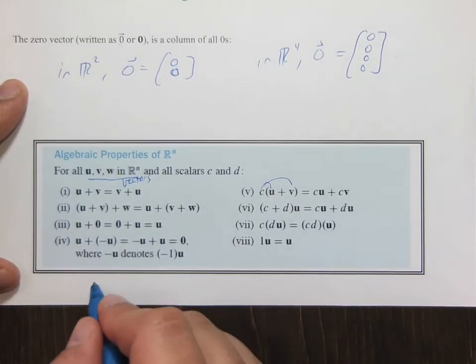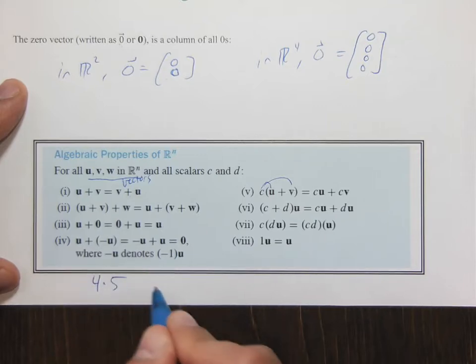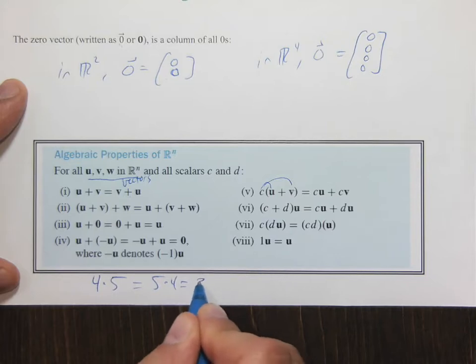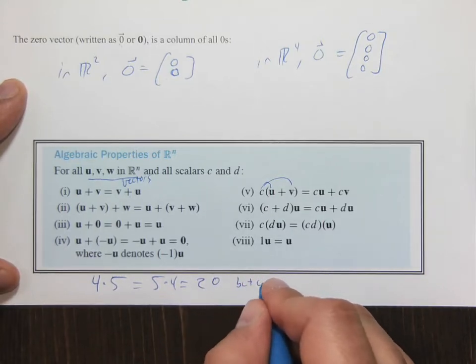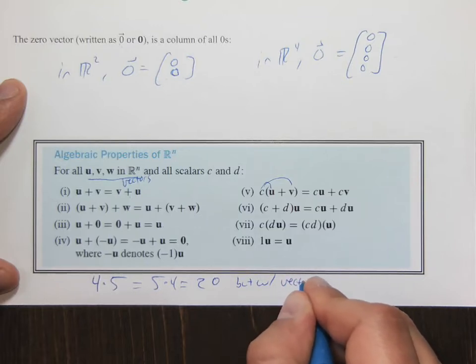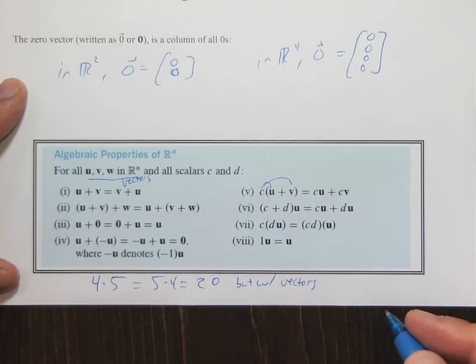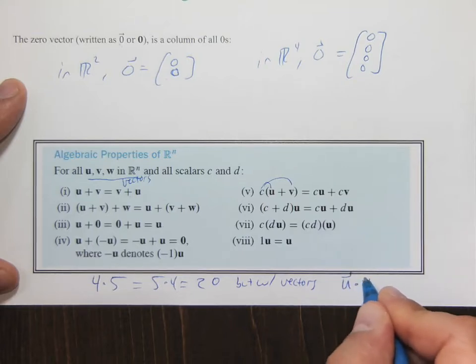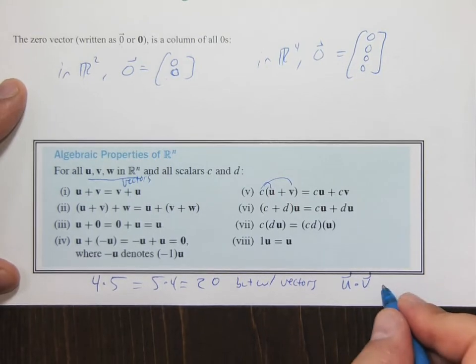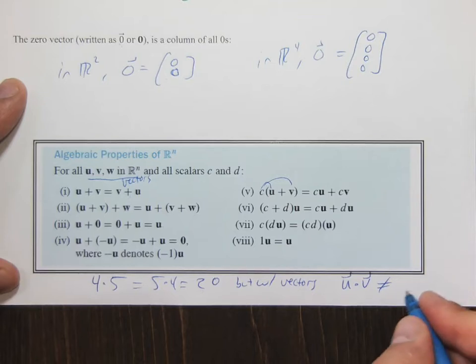But notice that if you multiply 4 times 5, it's the same thing you get as 5 times 4, right? In both cases, you would get the number 20. But if we're talking about vectors, for one thing, oftentimes you can't multiply 2 vectors together, and moreover, you definitely can't change the order in which you multiply them.